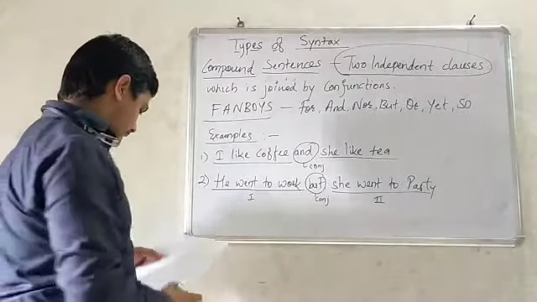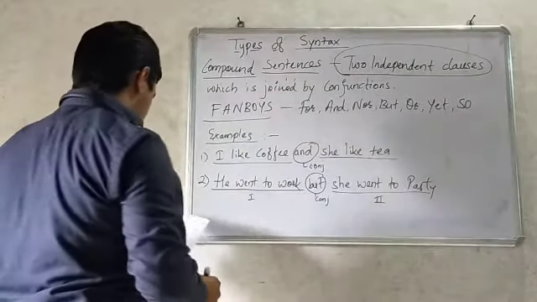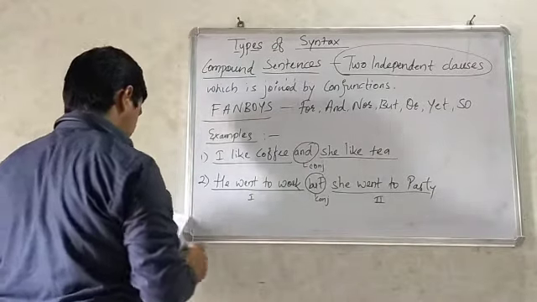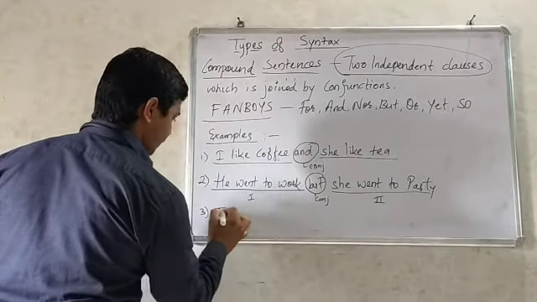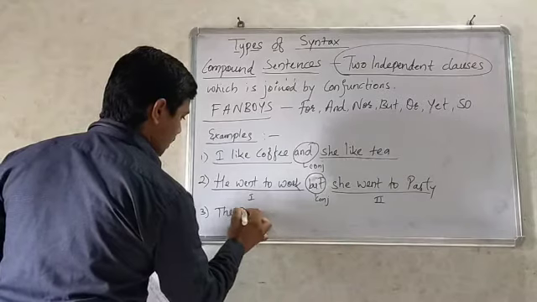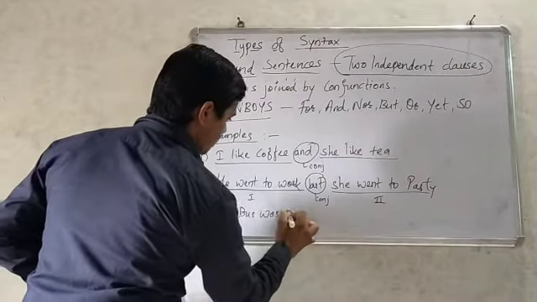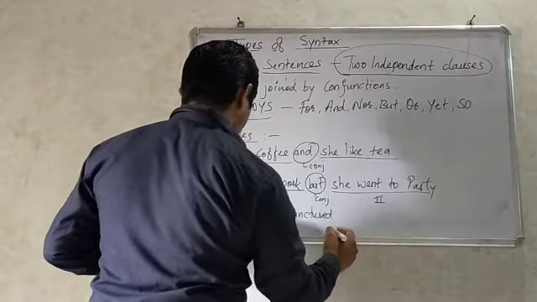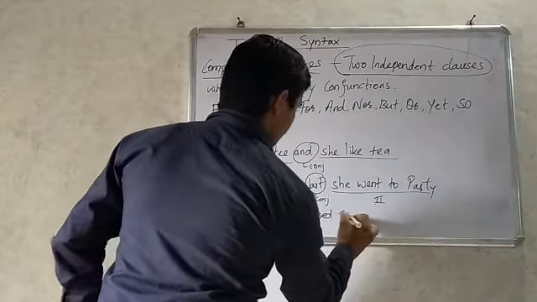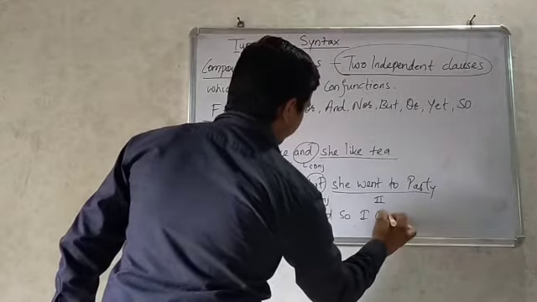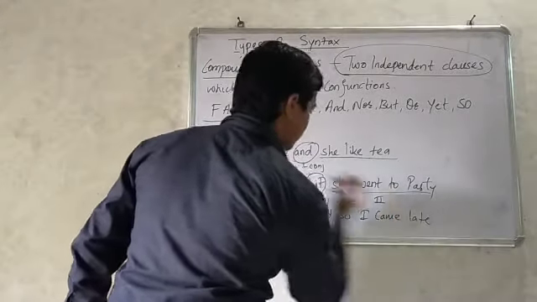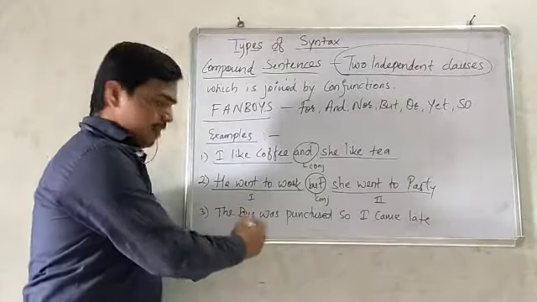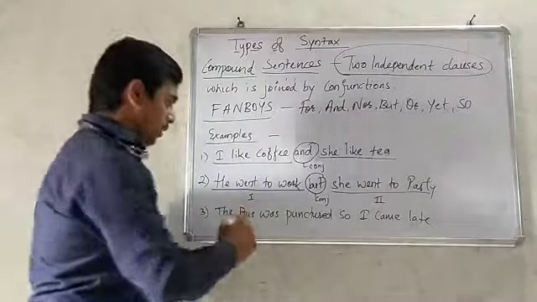Now let us see another example. The bus was punctured, so I came late. Again, this sentence has two independent clauses.